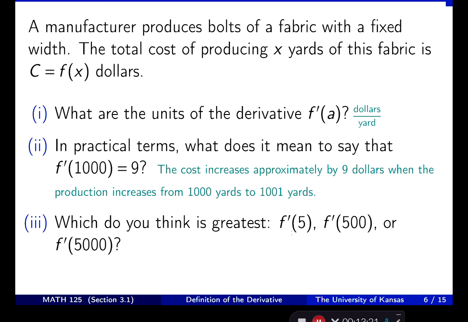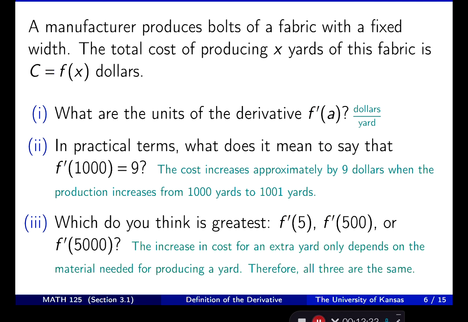And the total cost is changing, and every time you add one more yard, you just add the cost of the material for that one more yard. Therefore all three of them are the same.